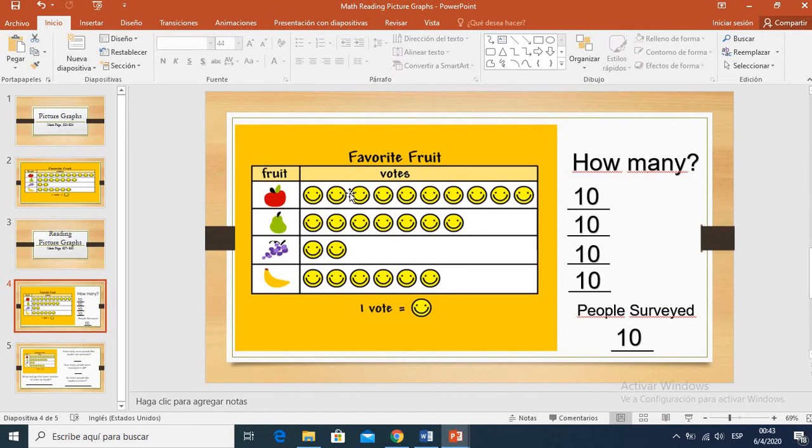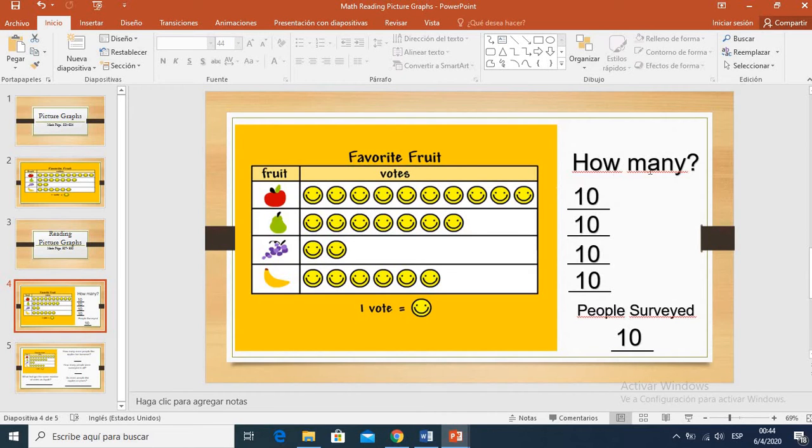Using the same picture graph as the example, we need to find the information in the picture graph. We have a question here: how many people like each of the fruits? By counting the smiley faces, I have my information.